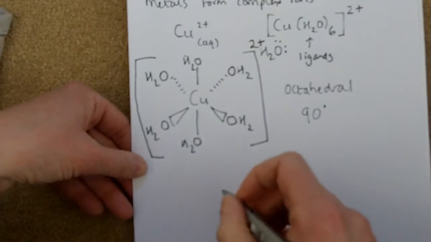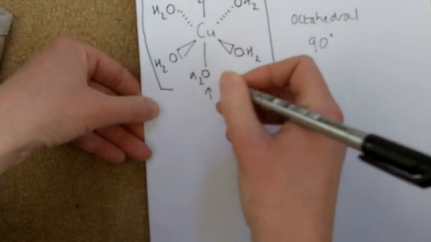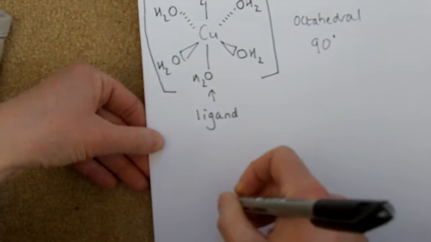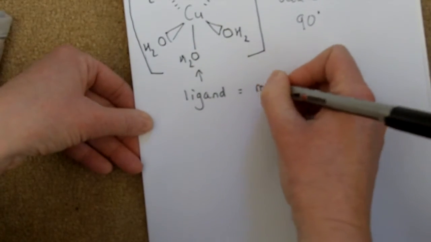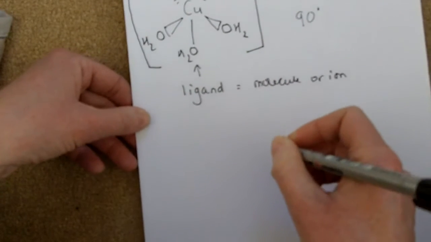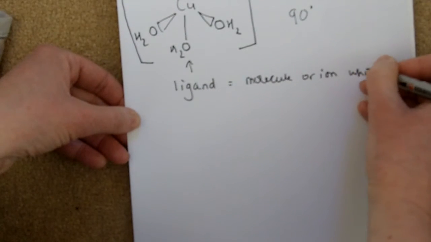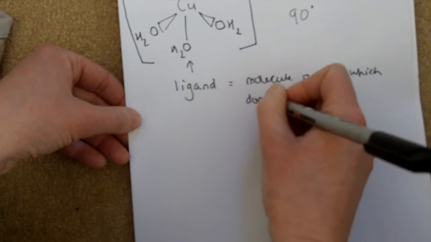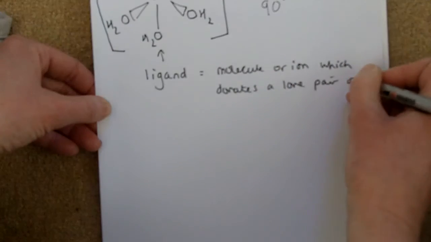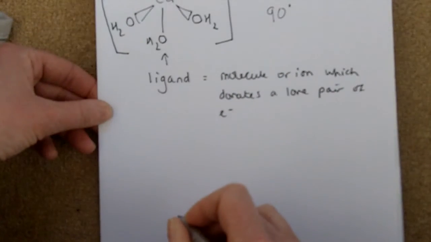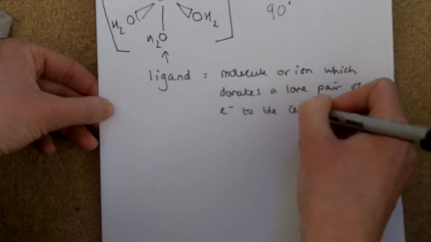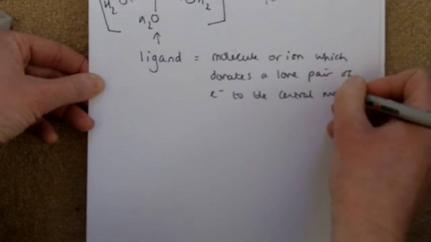Okay, so we need some definitions. This water molecule is called a ligand, and the definition of a ligand is a molecule or ion which donates a lone pair of electrons to the central metal ion.